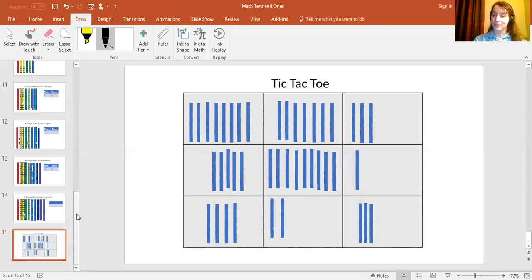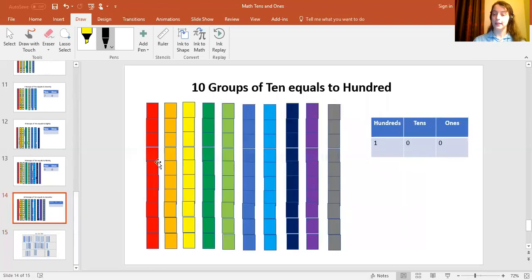So for the independent practice, what I would have my students do is draw 10 through 100 in groups of 10. I would give this to them as an example, and they would draw these 10 groups of 10, and they would write the numbers 10, 20, 30, 40, 50, 60, 70, 80, 90, and 100.